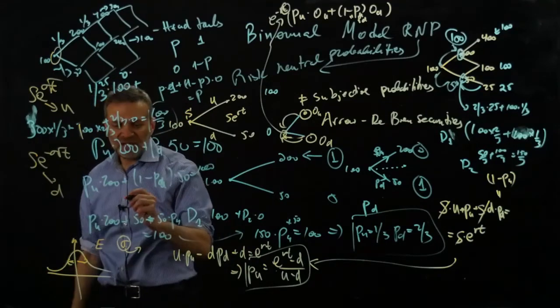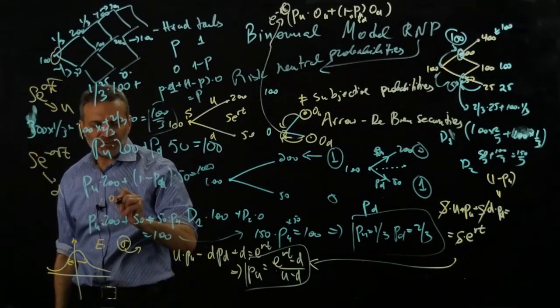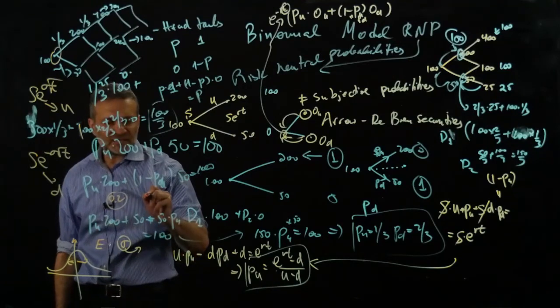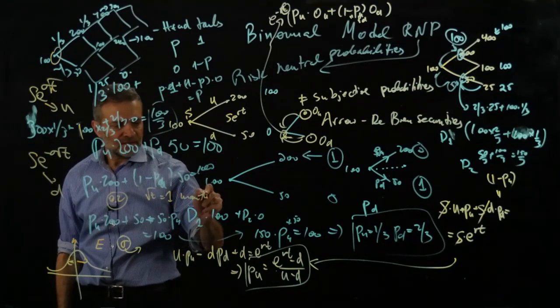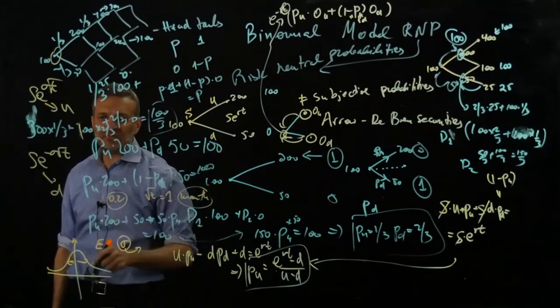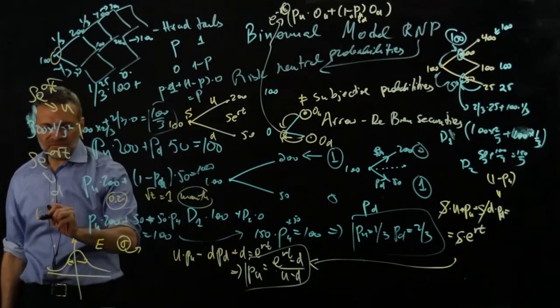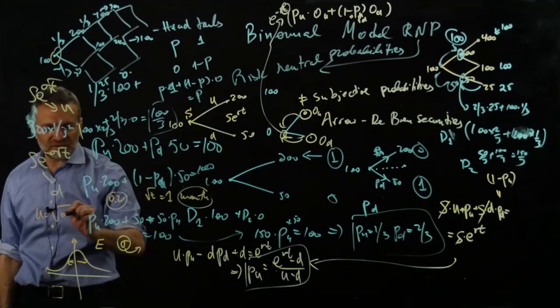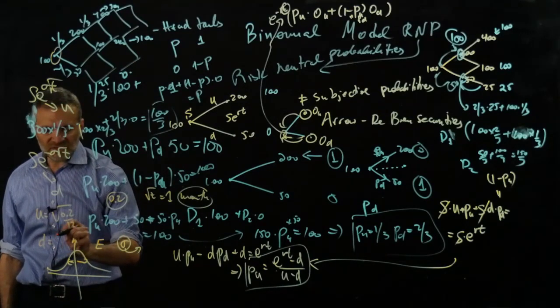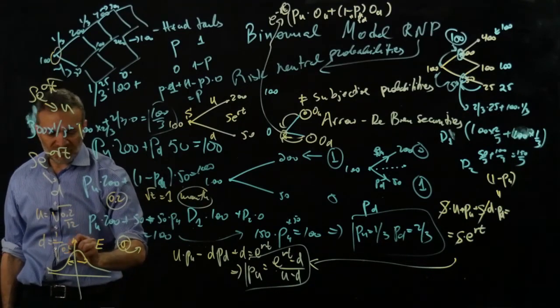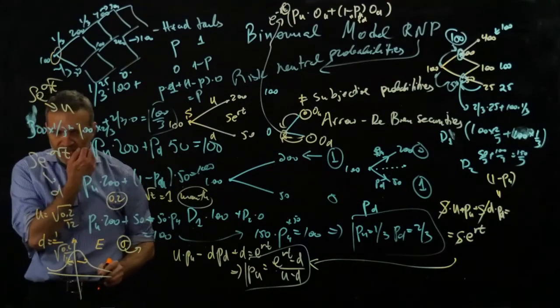For example, if your volatility is 0.2, and let's say that t is going to be 1 month. The volatility is given in annual terms, so then your up movement is going to be basically the square root of 0.2 divided by 12, and your down movement is going to be 1 divided by the square root of 0.2 divided by 12.